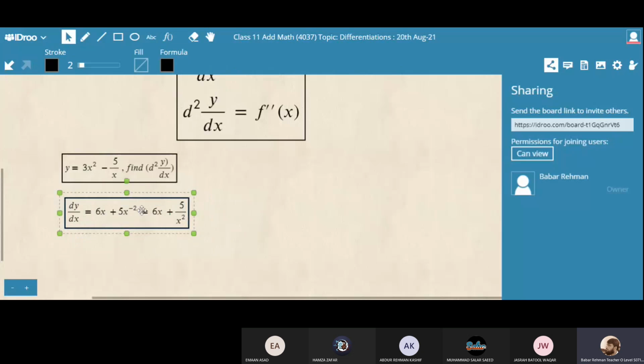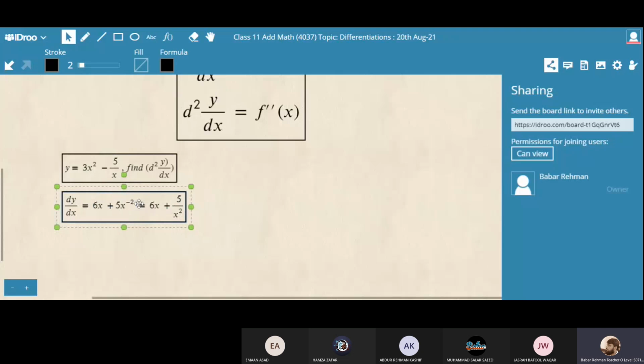But where is the second derivative? Hello, students. Now we will find the derivative of the first derivative.